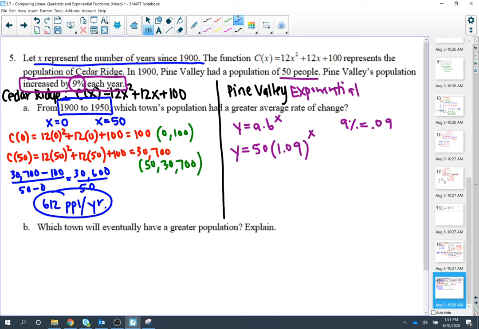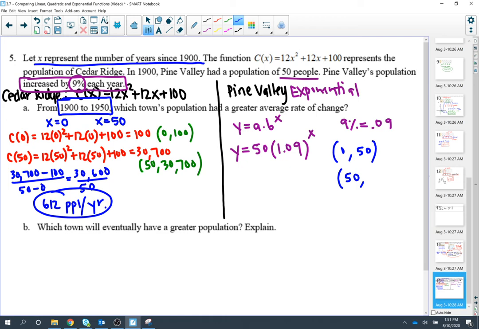Now we have to figure that out from x equals 0 to x equals 50, because we're going from 1900 to 1950. Well, the first one at year 0 isn't so hard, because they told you that the initial population was 50 people. So in 1900, we had 50 people, which means really the only one we have to figure out is at year 1950.